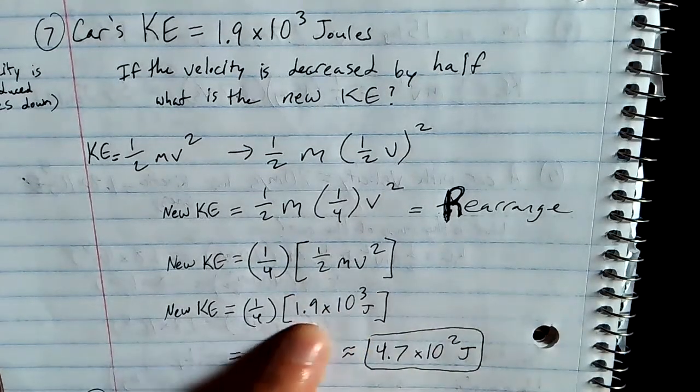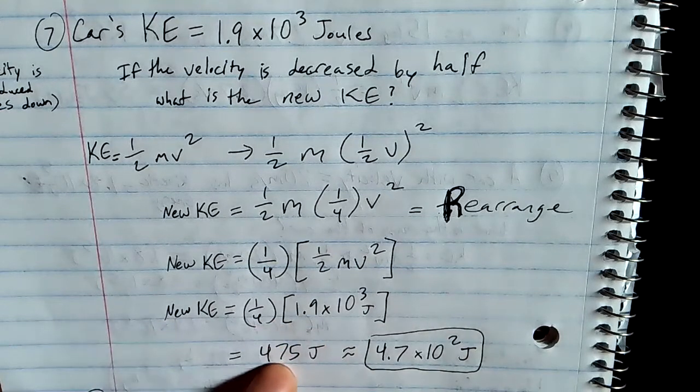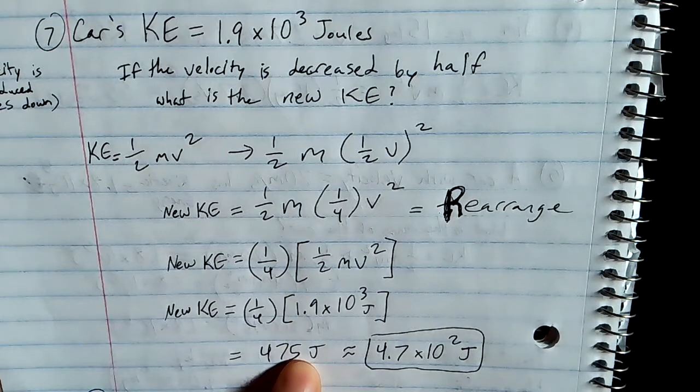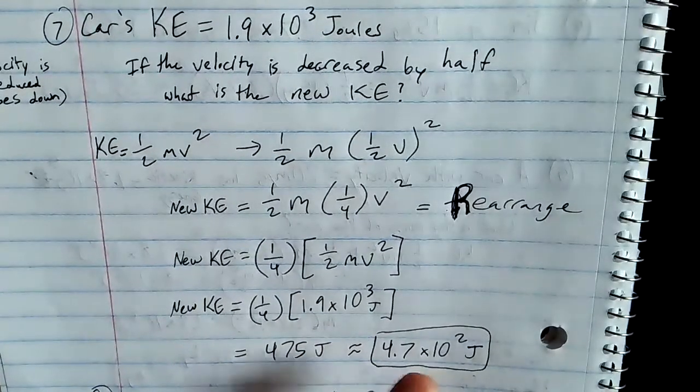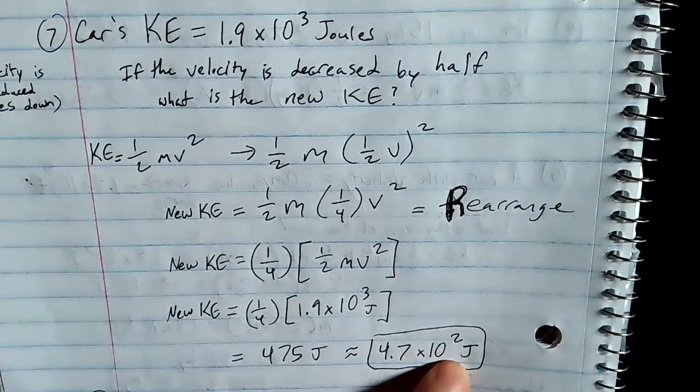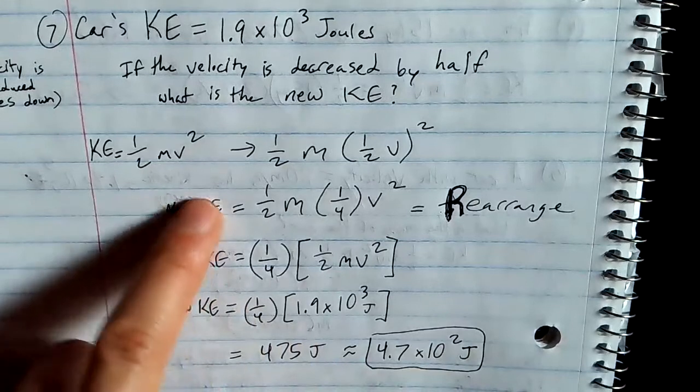And if you multiply that out, you get 475 joules. And in scientific notation, that's 4.7 times 10 to the second power joules. Okay?